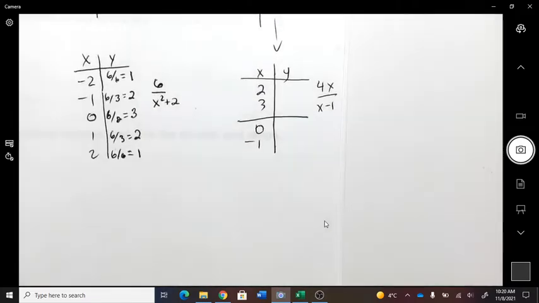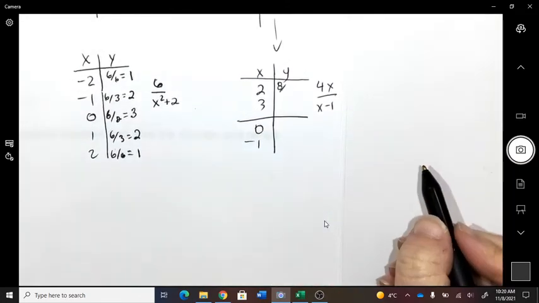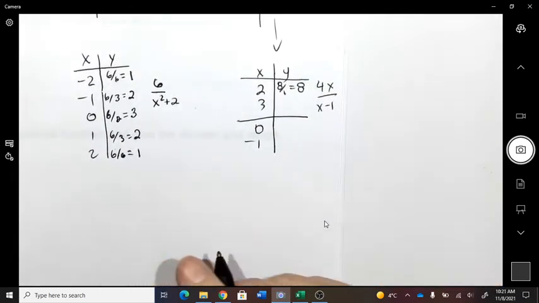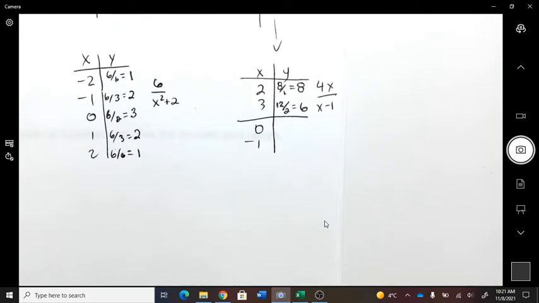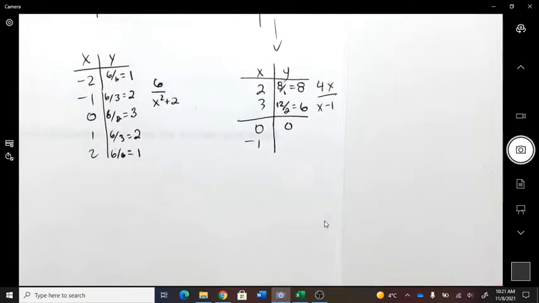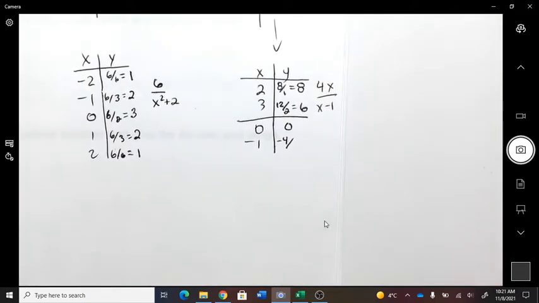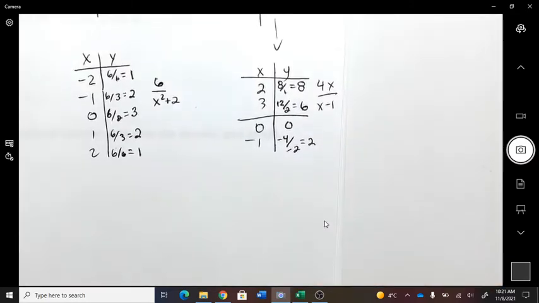Okay. So plugging these numbers in. 4 times 2 is 8 over 1 equals 8. This is 12. This is 2, so 12 over 2 makes 6. 0 plugged in makes 0, because 4 times 0. -1 plugged in makes -4 over -2, which is +2.